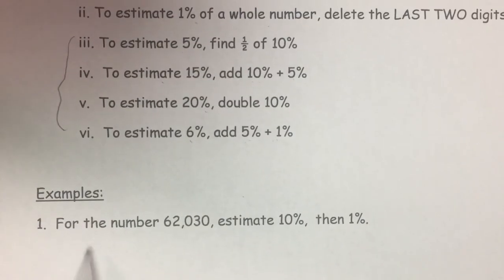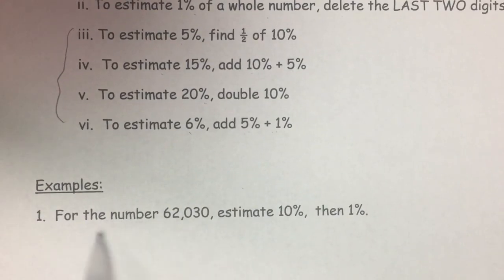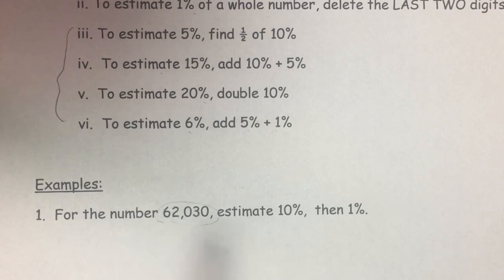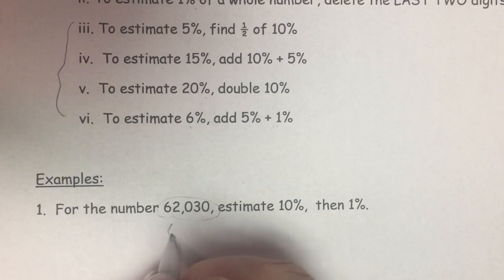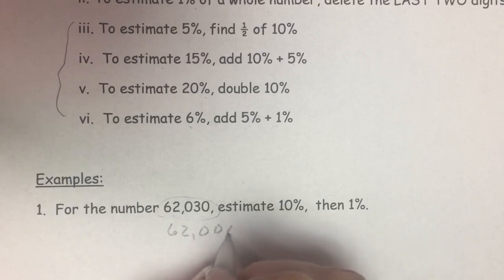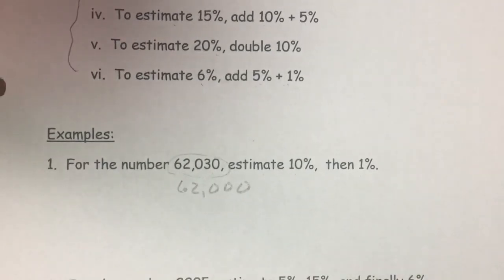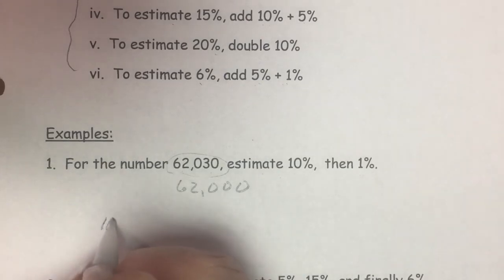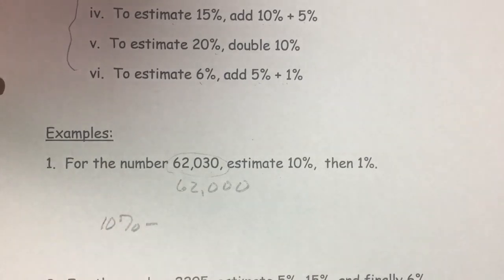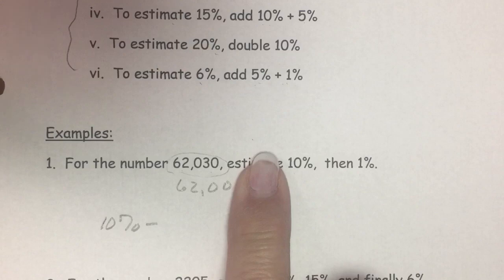Okay, so if we look at example number 1, it says, for the number 62,030, estimate 10% and 1%. So the first thing we're going to do is round 62,030. I'm thinking you can probably see that the best rounding would give us simply 62,000, because it's pretty darn close to 62,000. Now, again, if I want to estimate 10%, all you do is chop off the last digit.